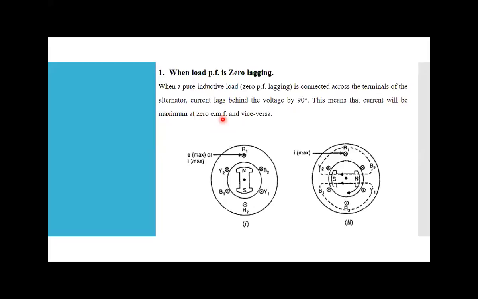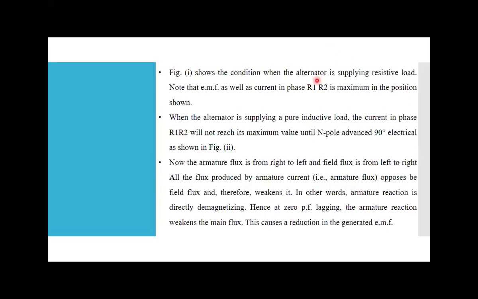Now let's see what will happen in these two cases. Here we have two possibilities, either E max or I max, and in figure number 2 we are talking about the I maximum only. Figure 1 shows the condition when the alternator is supplying resistive load only.